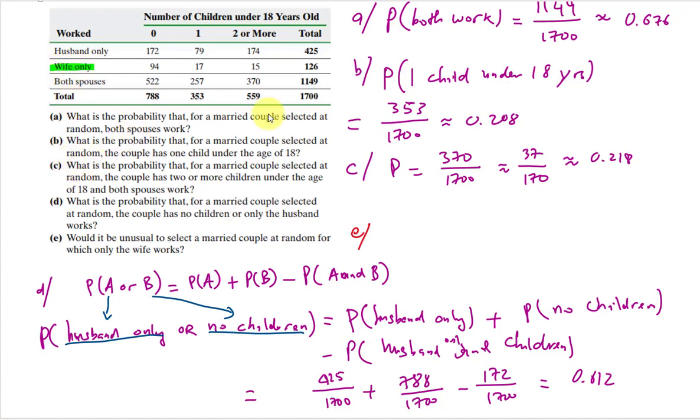Of the 1,700 married couples within the school's boundary, 126 of them had only the wife working, and therefore the probability of finding the wife working only out of all of them is 126 over 1700, and that is going to be like 0.074.